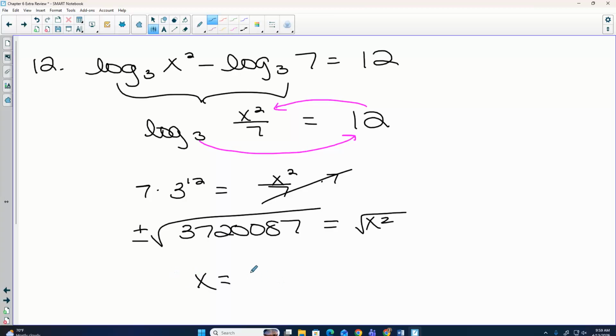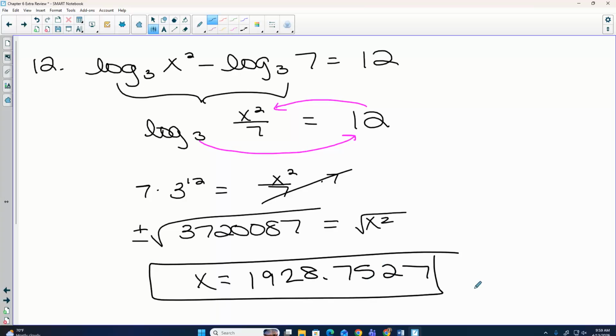And so we get 1,928.7527. I feel like that may have been a typo. I might have meant to put equal to 2 instead of 12, but we could still solve it. Just gave some big numbers.